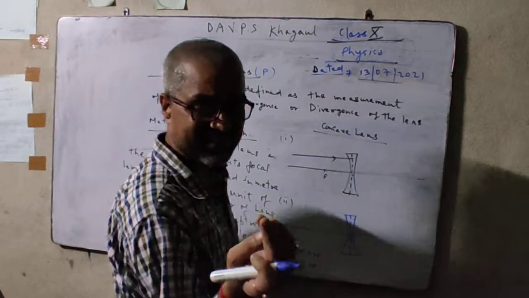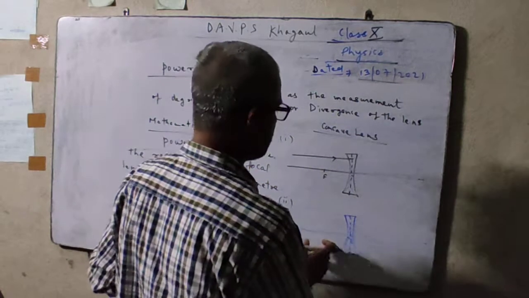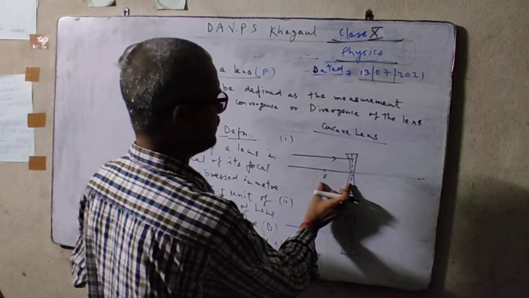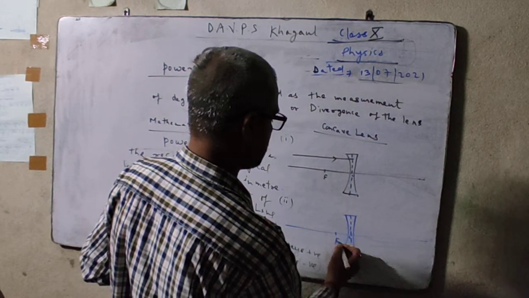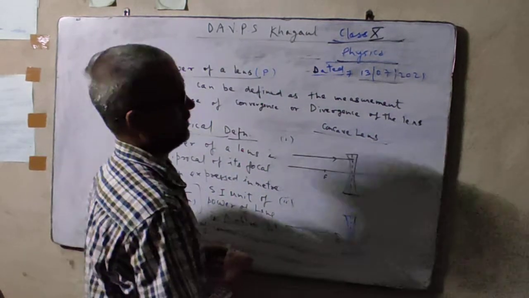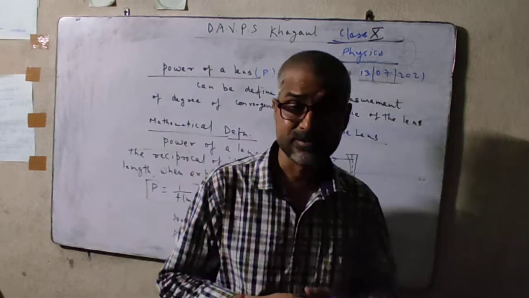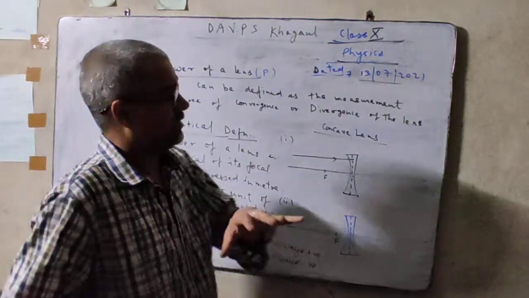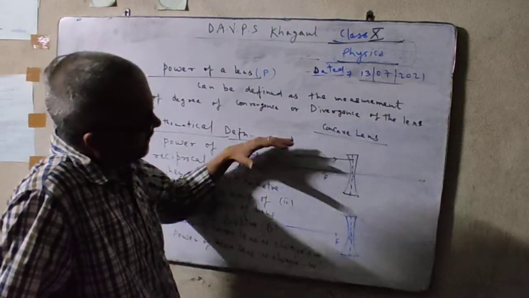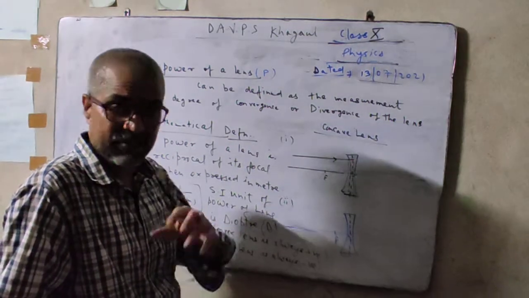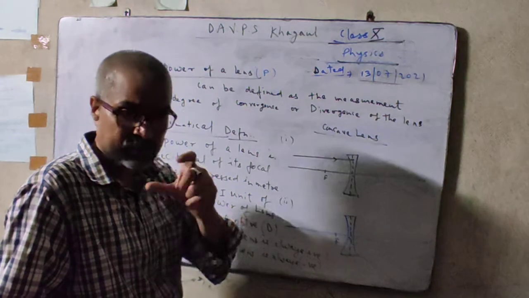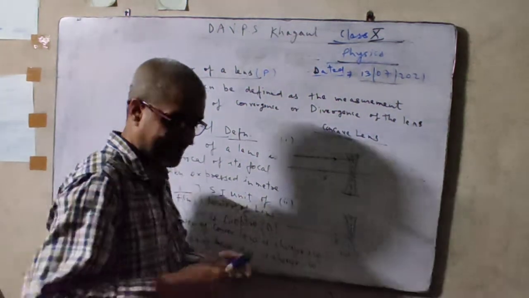See, the optical center is expressed by C or O. Having more focal length, less focal. Now see the behavior. How does the behavior change? In these two concave lenses, how much the light rays diverge, more or less, depends on the focal length.